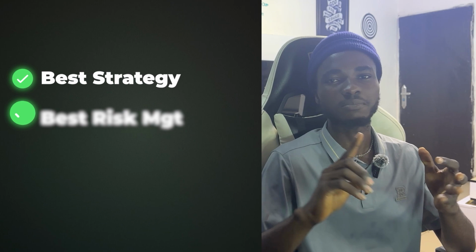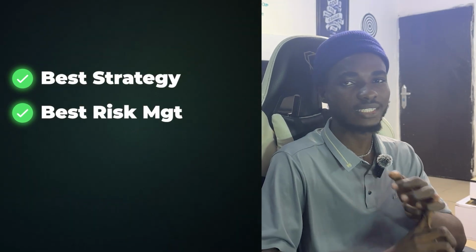A lot of traders end up knowing the best strategy, have the best risk management approach, but they can't control emotions. This is why it is best to add maturity in psychology to your strategy, because if you don't, you will still find yourself overtrading, revenge trading, applying greed, fear, and all that. And all of this doesn't end well. It only jeopardizes your portfolio.